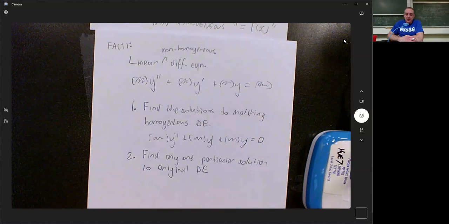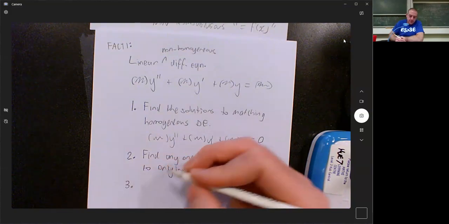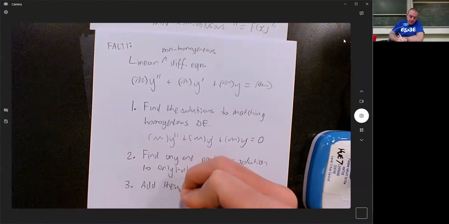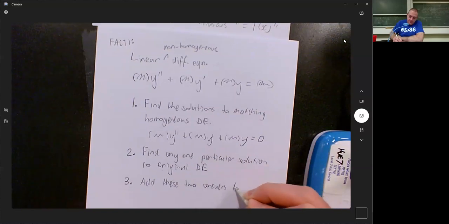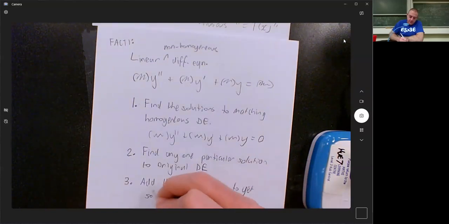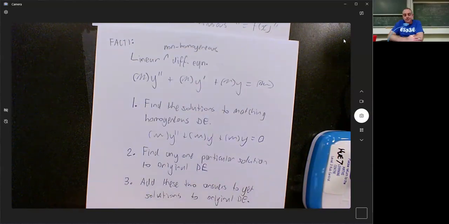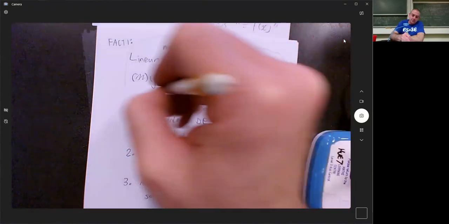And that will be the solutions to the original one. That's the process for linear non-homogeneous differential equations.